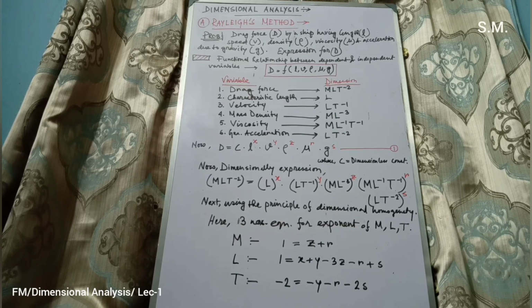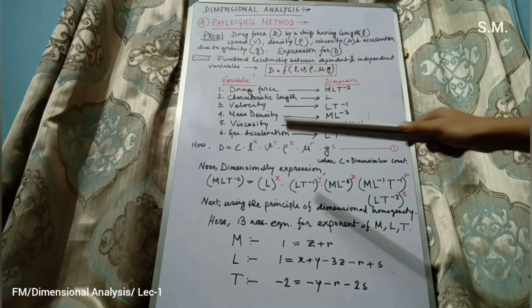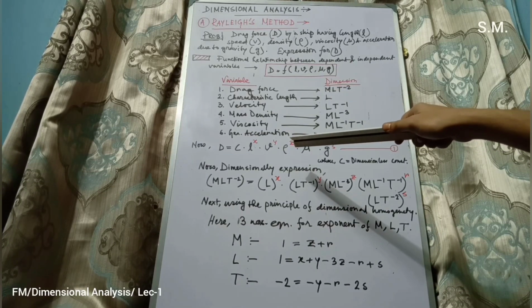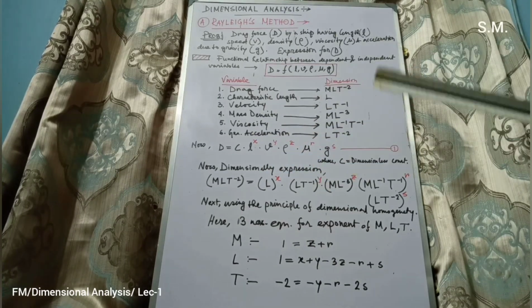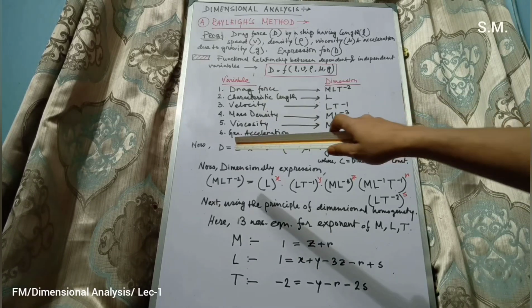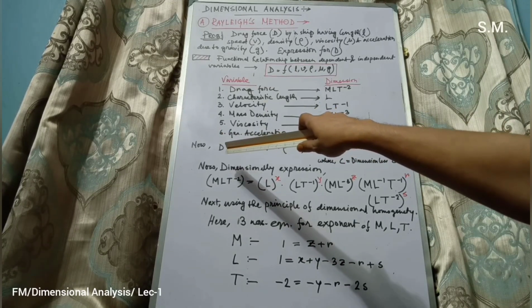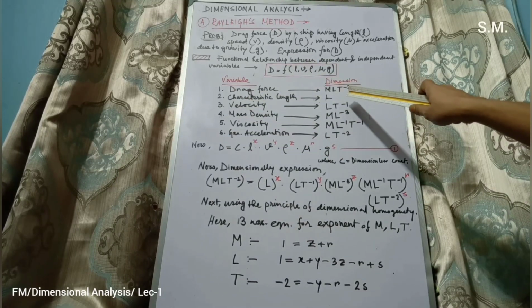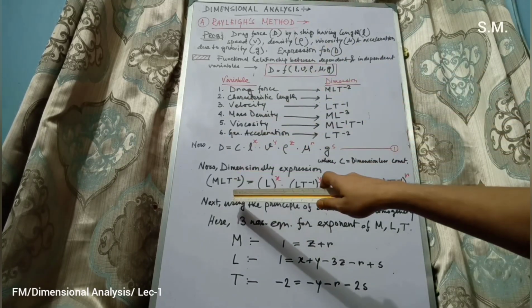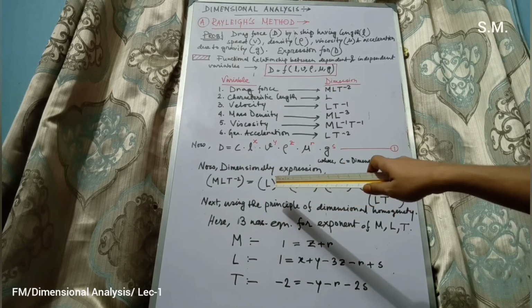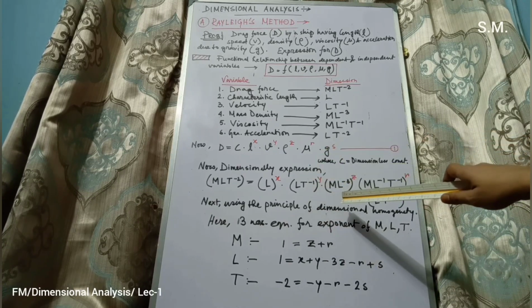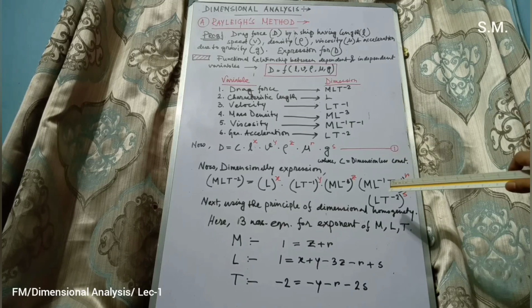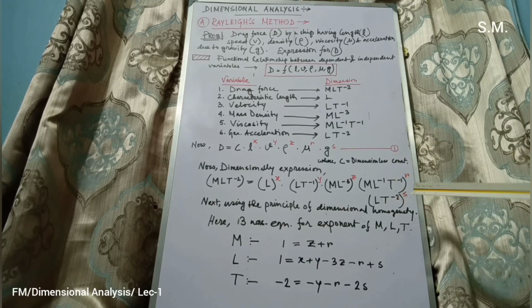Now we convert these variables into dimensional expressions. The dimensions of D, the drag force, are M L T inverse 2, and we put here the dimensions of L, velocity, viscosity, and gravitational acceleration.